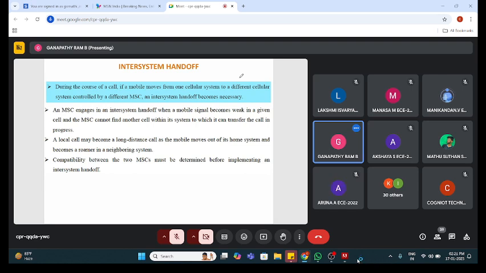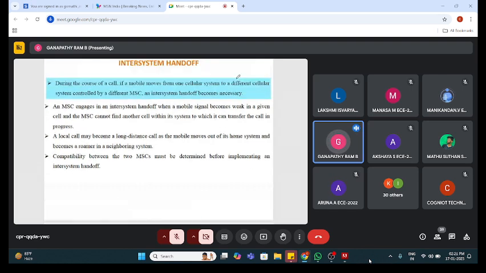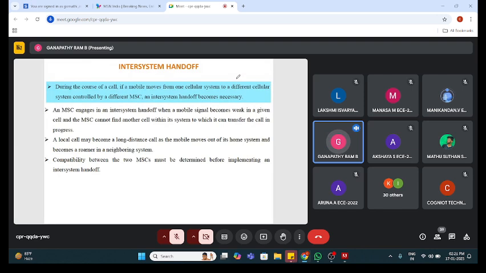In this intersystem handoff, while the channels are being assigned between two different base stations of two different service providers, the parameters that each base station maintains, that is the modulation index and what kind of modulation is followed, all the encryption standards, encoding and decoding standards, all the physical layer standards and MAC layer standards have to be matched between the base station of the old cellular system and the base station of the new cellular system.